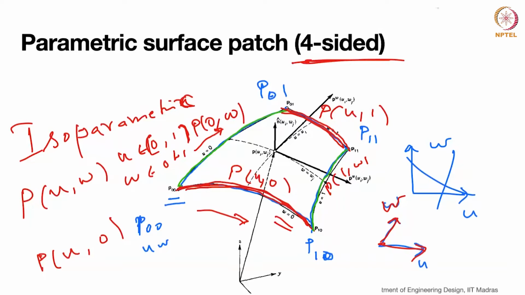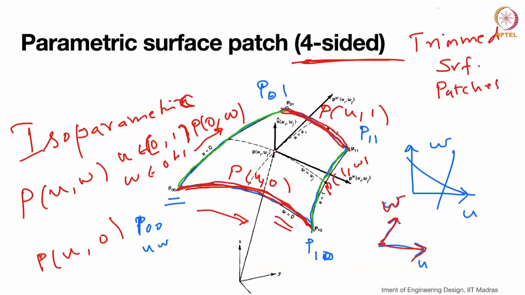We will probably leave out the trimmed surface patches, but in your later classes they may talk more about them, because four-sided patches are a little limited. So they go for what are called trimmed surface patches. You may hear that in tomorrow's class and in further classes when they talk about more surfaces. So this is very important to understand.